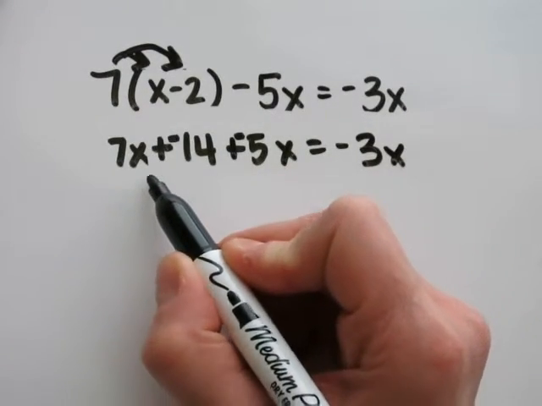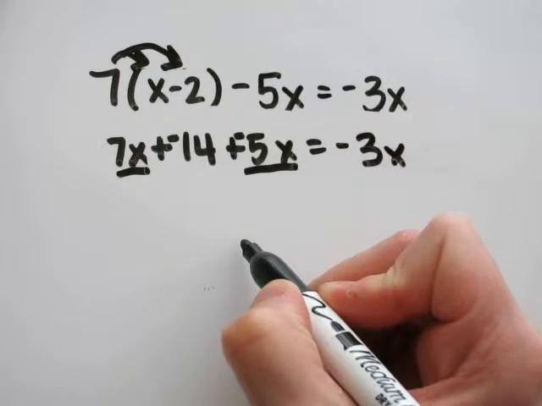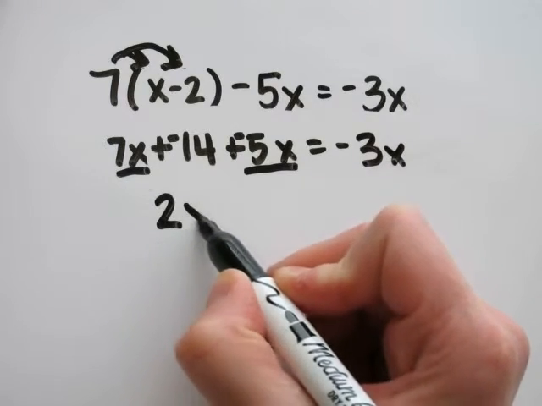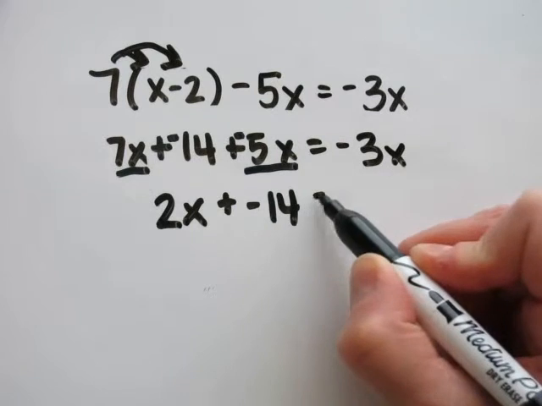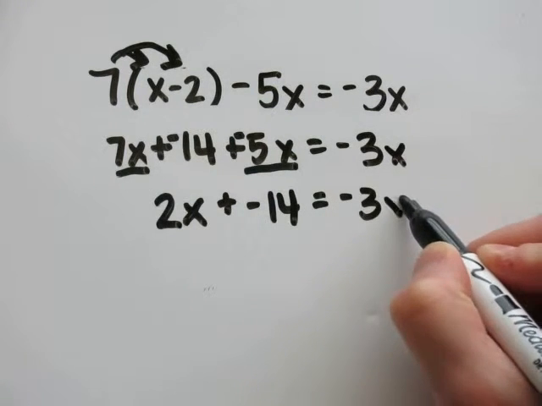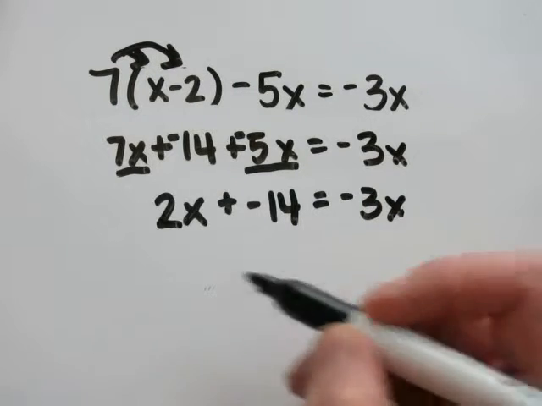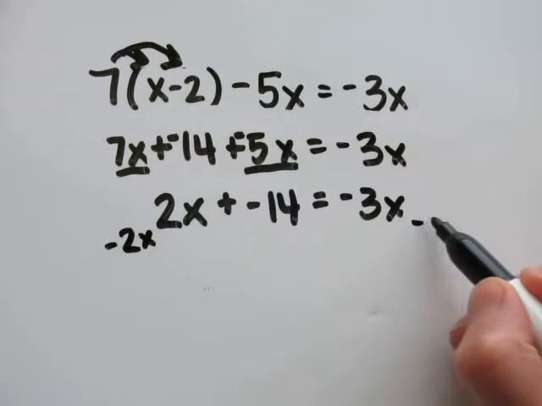Now I will combine like terms. I've got a 7x and a negative 5x. 7 plus negative 5 is 2x, plus negative 14 equals negative 3x. I want my x's on the same side of the equation, so subtract 2x from each side.